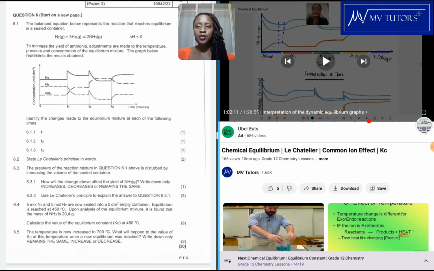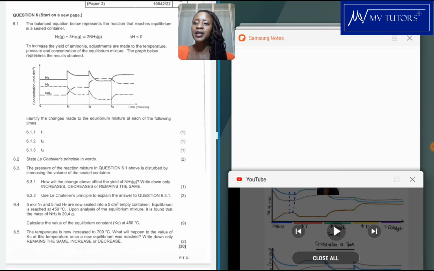I go through these graphs and tell you what happens with the number of moles versus time, concentration versus time. There's also number of moles, concentration, and rate of reaction versus time. How do you deal with all those things when you have an increase in temperature, pressure, or concentration? If there's a catalyst, what happens? Okay, I go through that, so please do check it out.